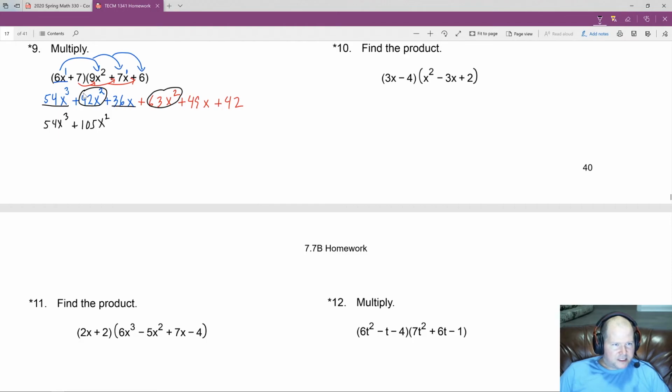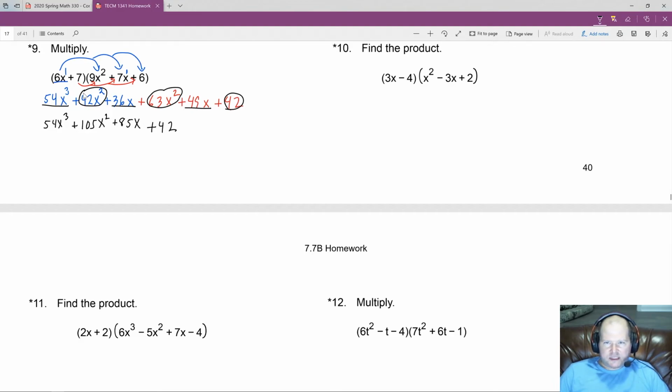Next we have 36x and 49x. So 36 and 49 is 85x. And then finally we just have a little constant at the end, so we're just going to tack that 42 on the end there.